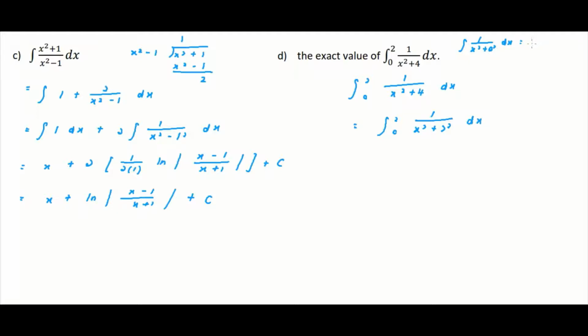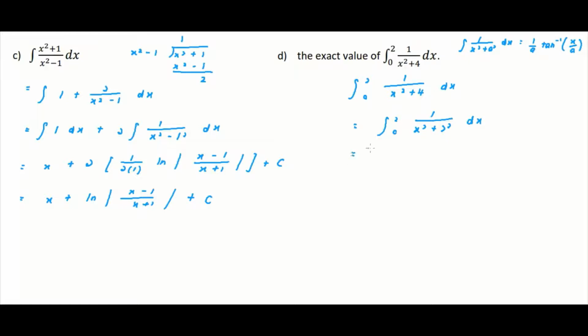This is the tangent negative 1 formula, which will give you 1 over a tangent negative 1 of x over a. So make sure that you are not confused with these two. For tangent negative 1, it always goes with plus only. For the two standard forms that we learned for partial fractions, it's always minus.